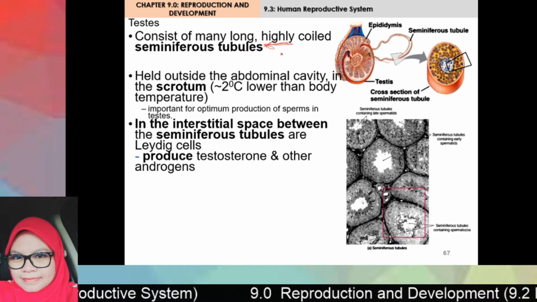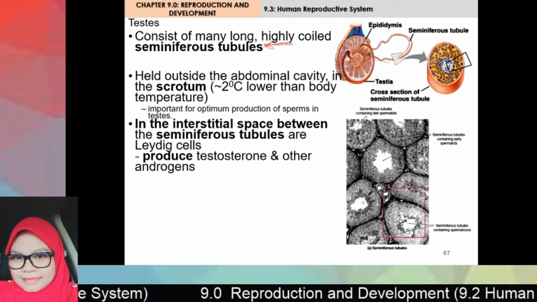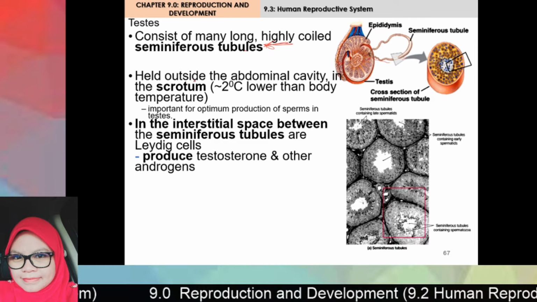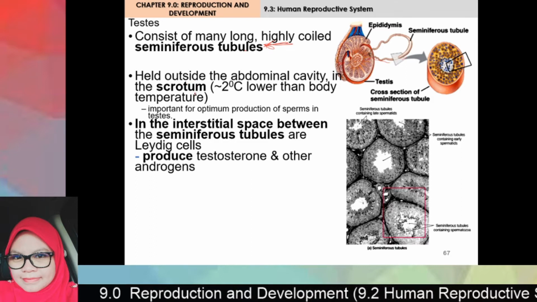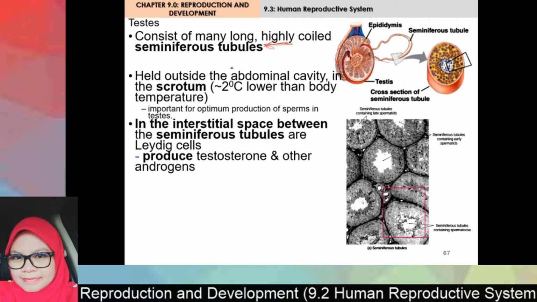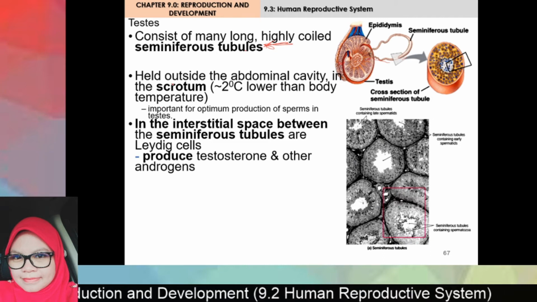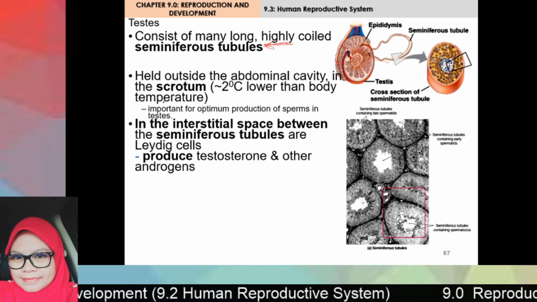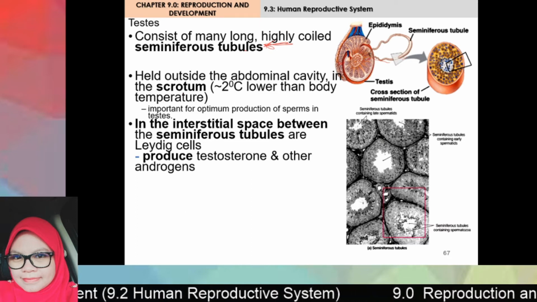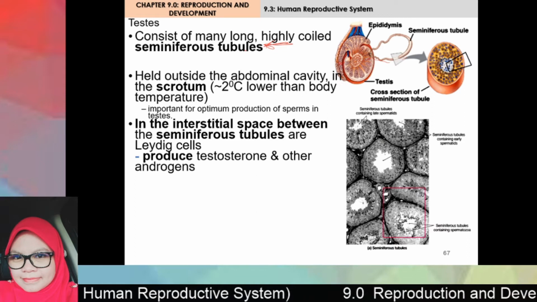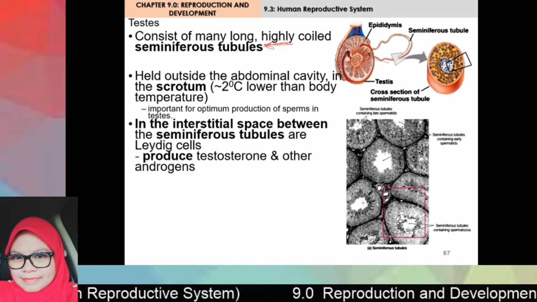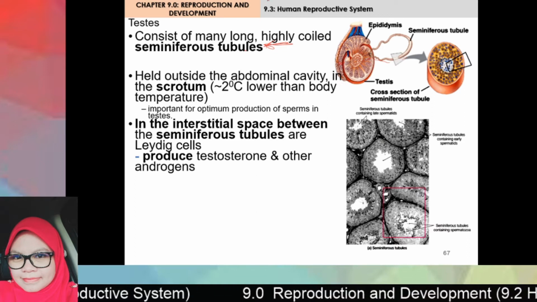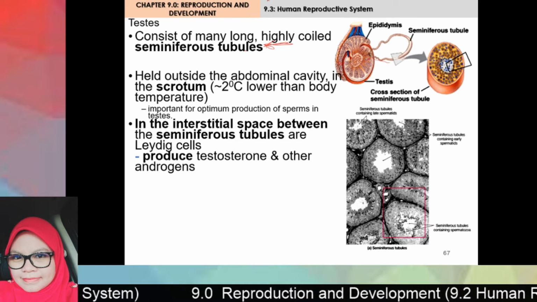And then as you know, the testis of the male, they are outside of the abdominal cavity. Maksudnya dia berada dekat luar daripada badan, dan dia akan dilindungi oleh struktur yang dipanggil sebagai scrotum. Dan menyebabkan suhu testis adalah 2 darjah Celsius lebih rendah daripada body temperature.